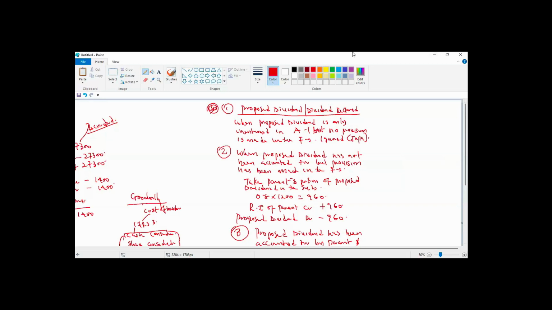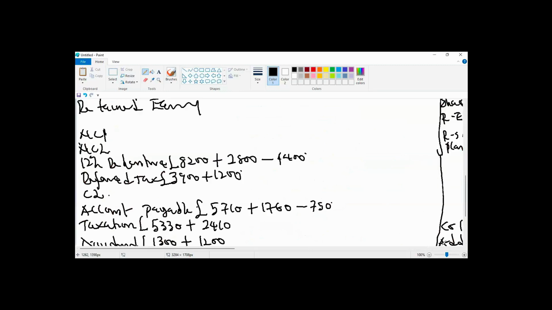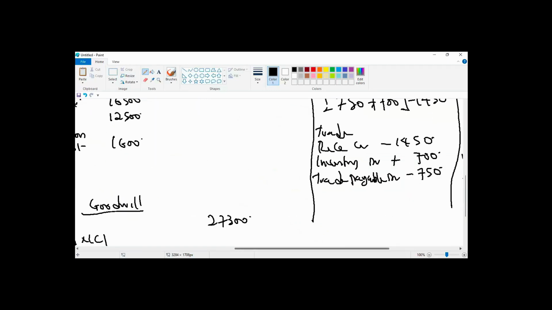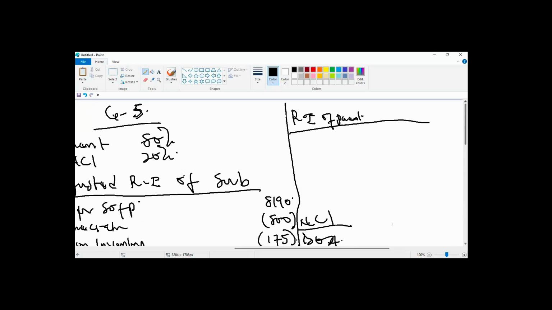So the 96,960. I'll go to the parent account. You retain any of the parents, 960. Retained earnings of the parents as per SOFP.